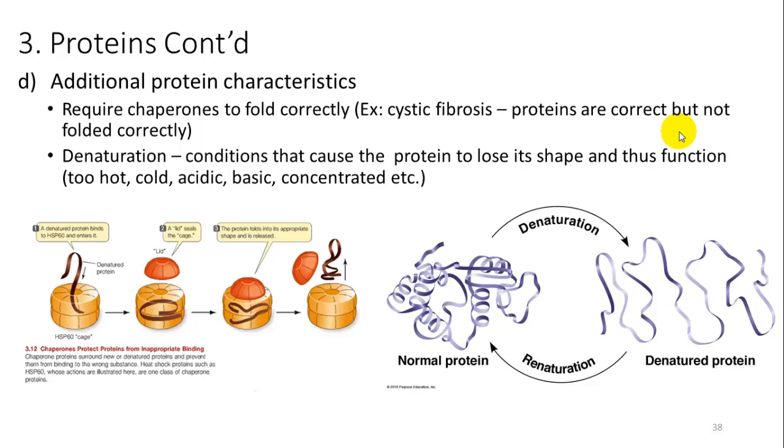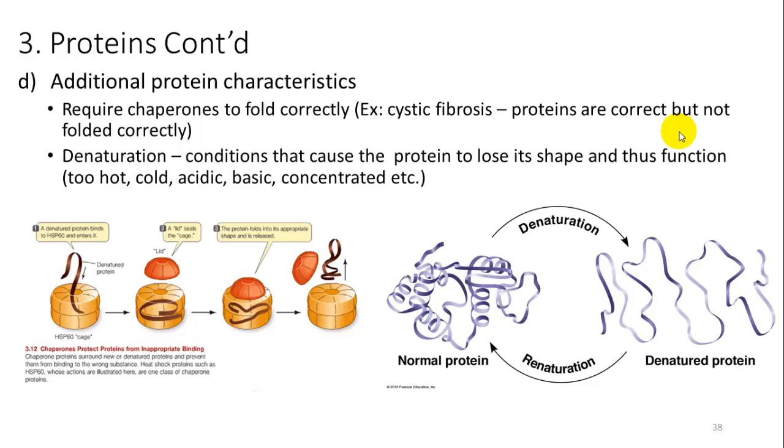When an amino acid chain is made, it doesn't naturally have that tertiary and quaternary structure. So it needs help, and there are proteins called chaperones which help it fold correctly and be put in the right condition. If this doesn't occur, this can be a problem, which happens in cystic fibrosis, where these proteins are not folded correctly.